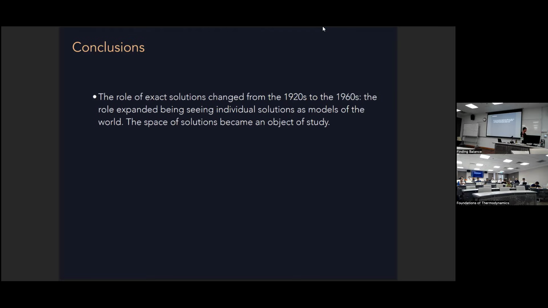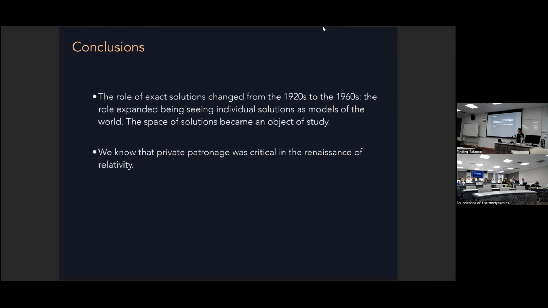But I want to emphasize a few things. First, that the role of exact solutions is clearly changing from the 1920s to the 1960s. It's being expanded, and seeing individual solutions as models of the world is definitely still the case, but also the space of solutions has become an object of study.